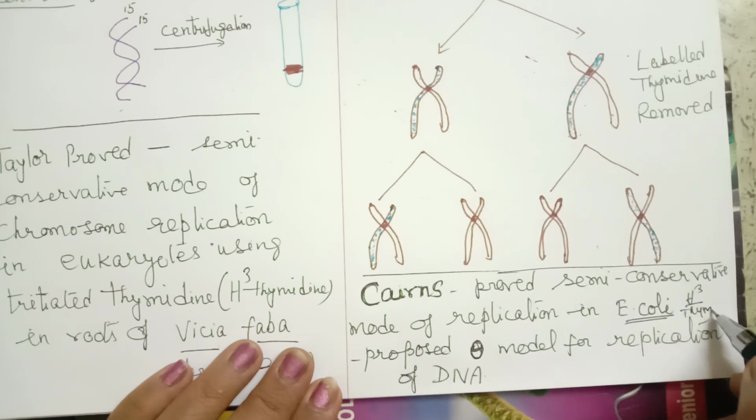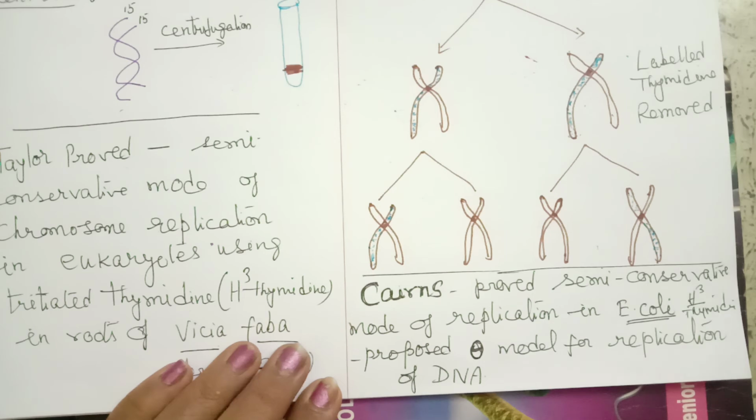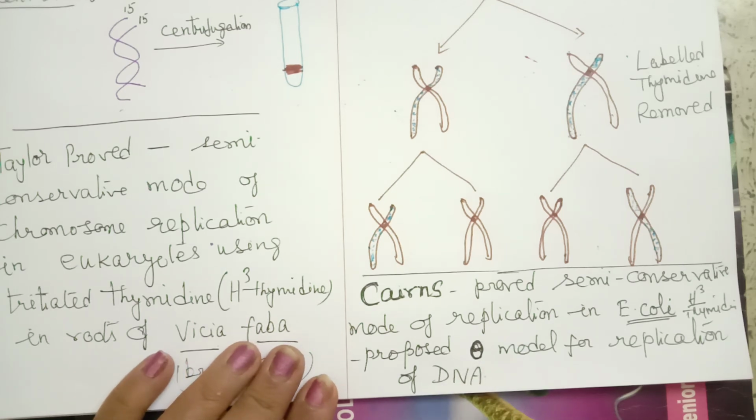And he also proposed the theta model. This is the theta model for replication of DNA. What is this theta model? We will discuss it when we do the replication. The theta model of replication is found in prokaryotes like E. coli. So he also introduced this model of replication.